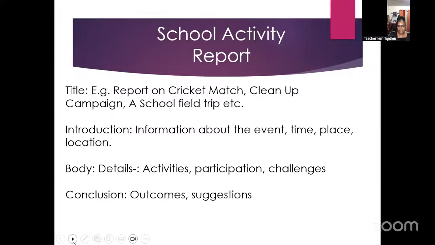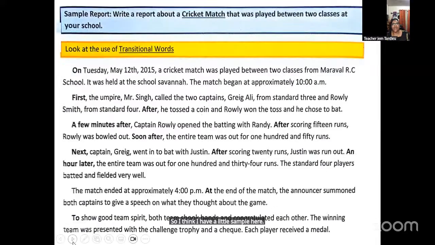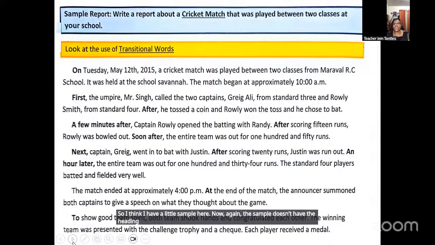So I think I have a little sample here. Now, again, the sample doesn't have the heading, but we know that once we're writing a report, we must have the sender, receiver, the salutation, the subject line.